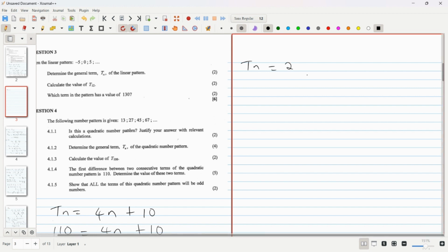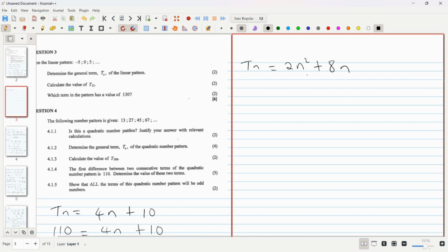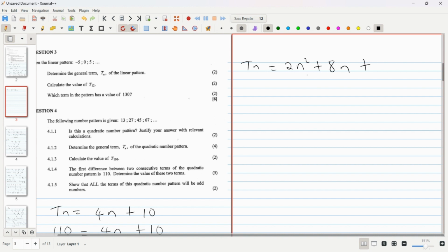We have 2n squared plus 8n plus 3, right? So if you check the first coefficient here from the n squared, we can see this is an even number. So whatever we substitute, as long as we're dealing with integers, right?